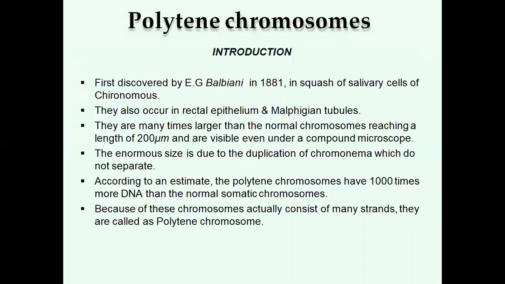All these DNA copies are situated in the chromatid only. These chromosomes actually consist of many strands, many chromonemata strands. That's why they are called polytene chromosomes. Poly means many chromonemata strands are present in the chromosome.